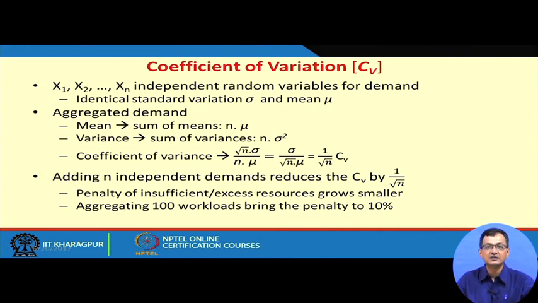Otherwise, I do not know whether it is a demand of 10 units or 100 units, and then I have to keep track of 100 units at the back end. Like aggregating 100 workloads brings the penalty down by 10%, as 1 by root 100 is 1 by 10. So aggregating multiple resources may allow me to have a reduced loading.